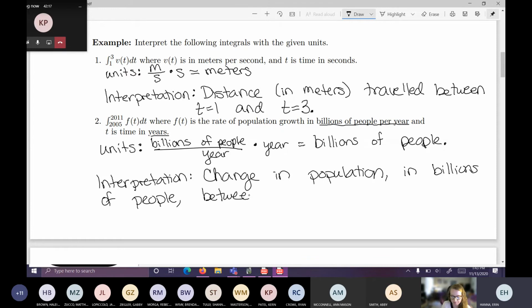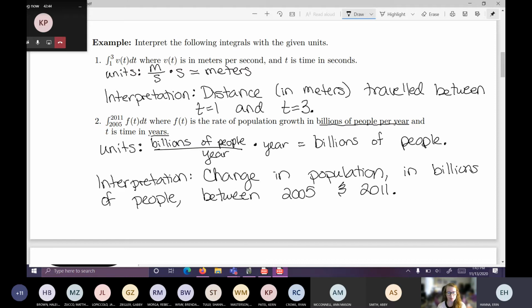Between, that's too many E's. Between, oh my goodness, 2005 and 2011. So in this case, again, you could kind of say change in population over 6 years after 2005, but you can't just say 6 years because 6 years when.